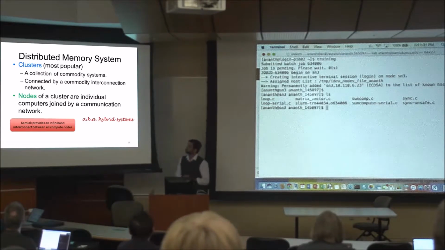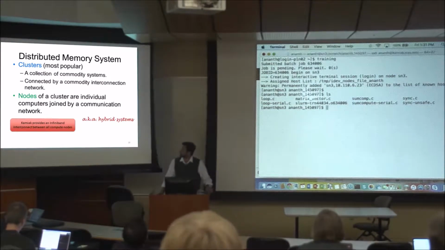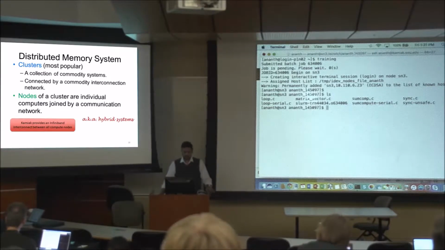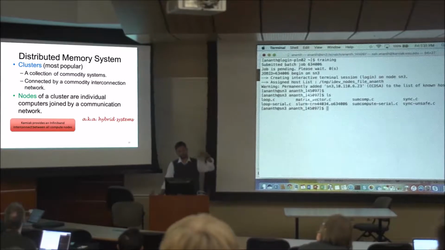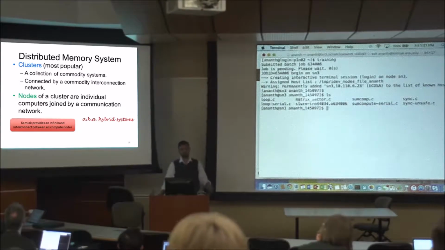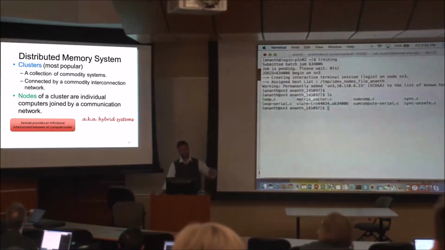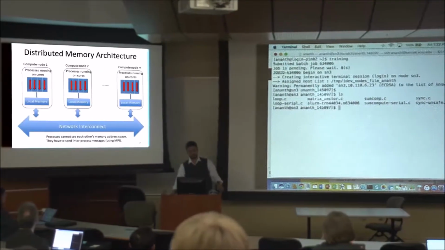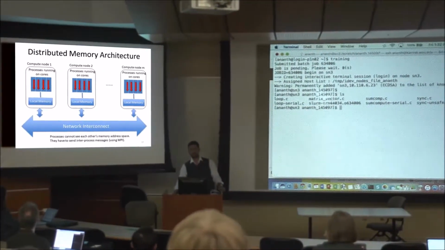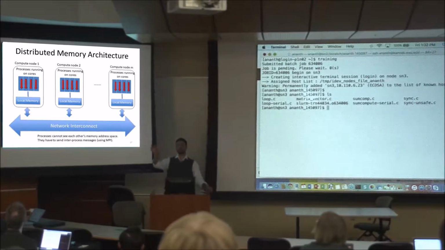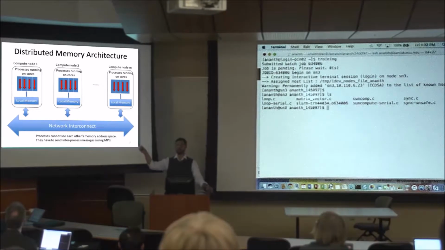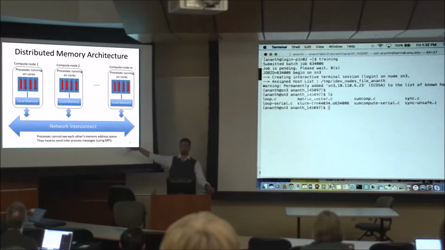For distributed memory machines, sometimes we simply call them clusters, and nodes refer to those individual shared memory boxes, and cores refer to the individual cores inside a node. So you first want to understand how many cores each node has and how many nodes there are in the cluster.